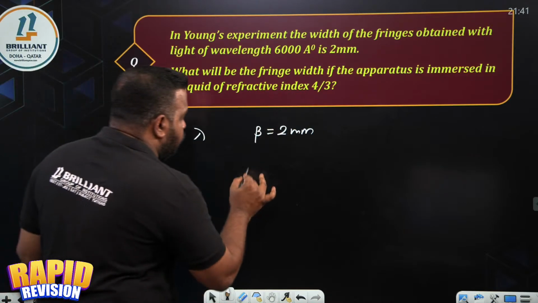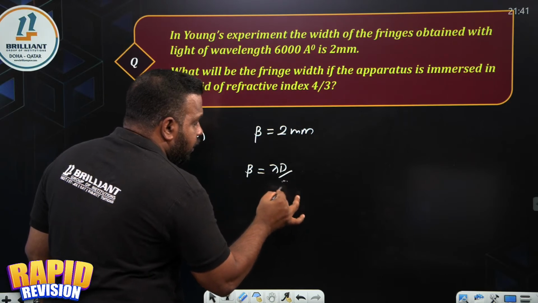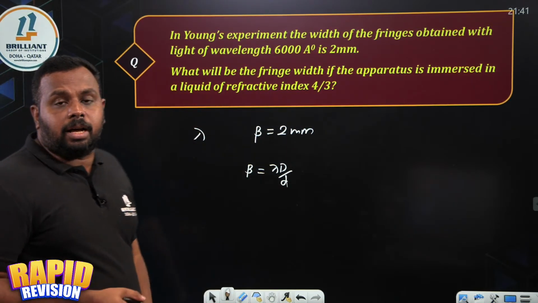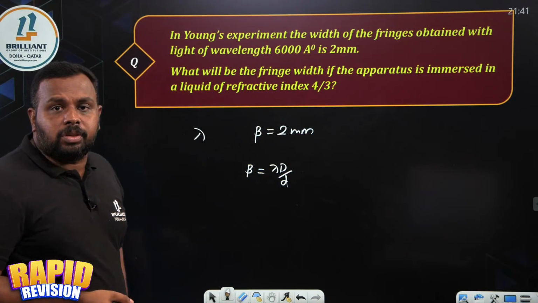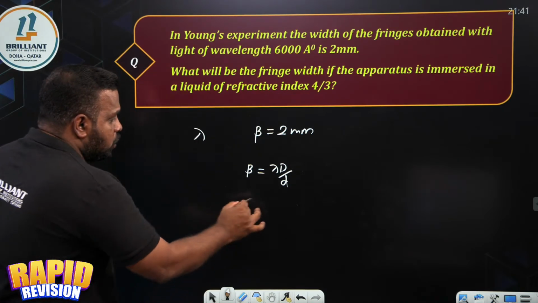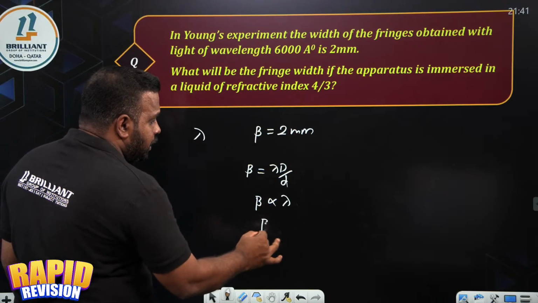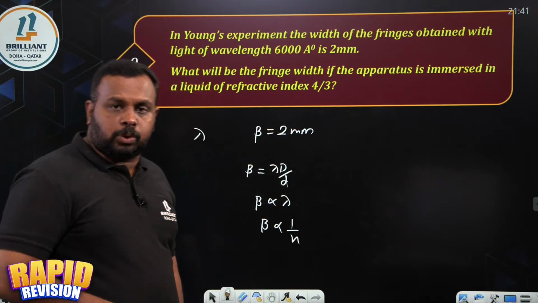We know that the beta formula is beta equal to lambda D by d. I told you the relation between lambda and refractive index: they are inversely proportional. So beta is directly proportional to lambda, which means beta is inversely proportional to the refractive index n.